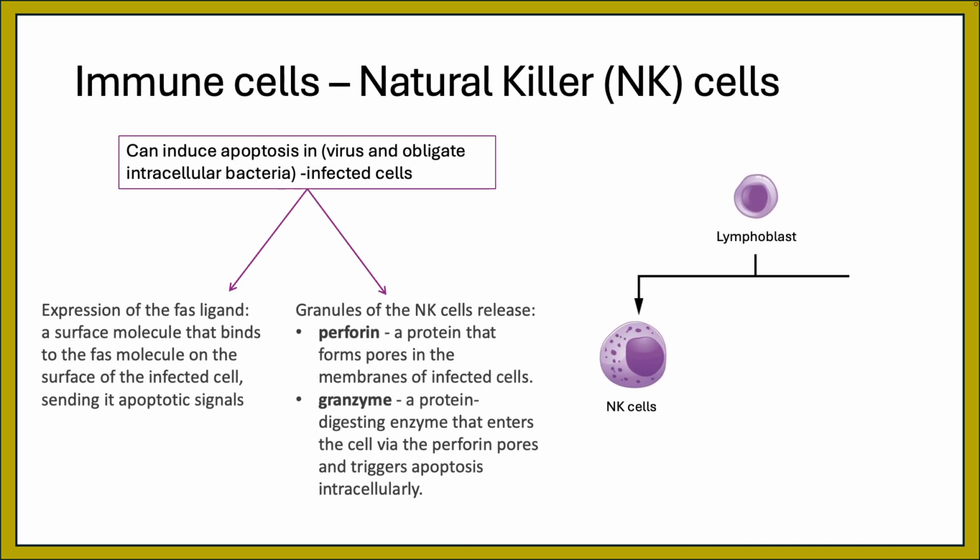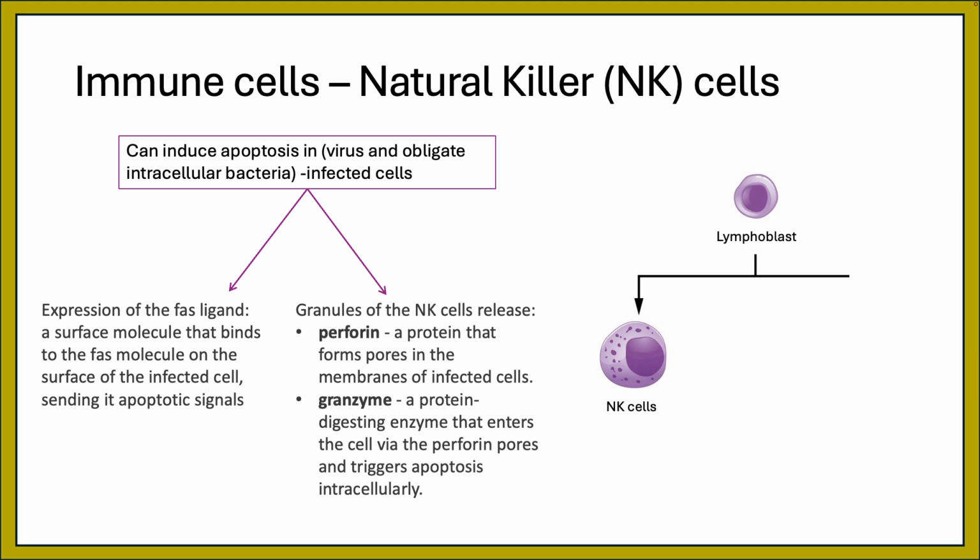All right, the natural killer cell, which is derived from a lymphoblast, is a cell that can induce apoptosis in virus and obligate intracellular bacteria infected cells. So if the cell is infected with something that's inside of it, the natural killer cell can recognize this.